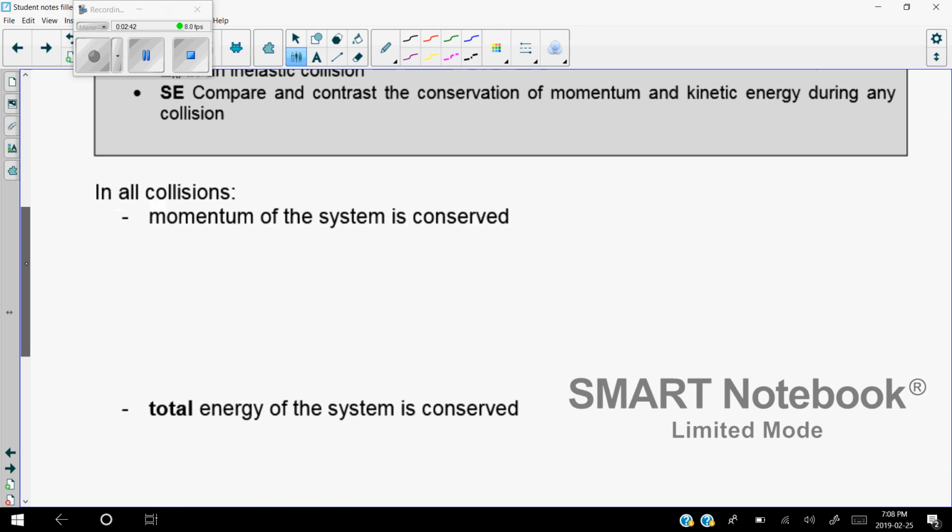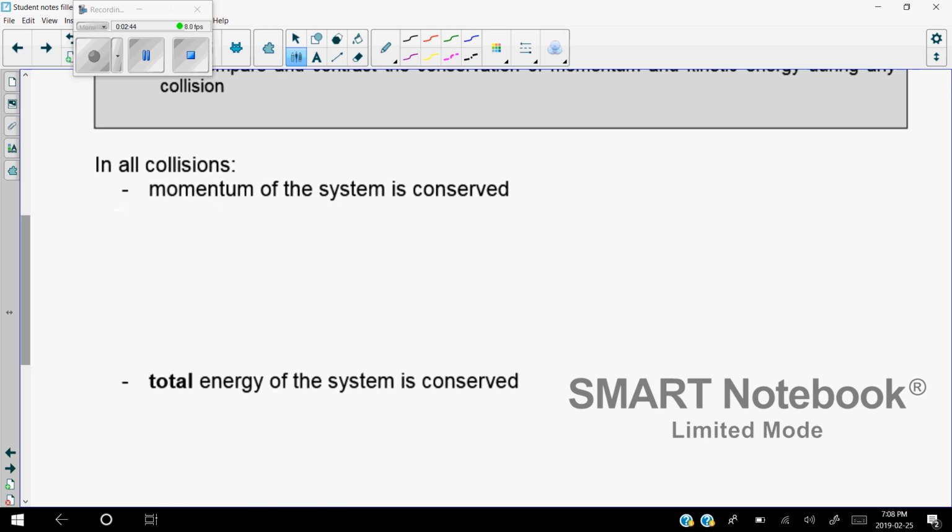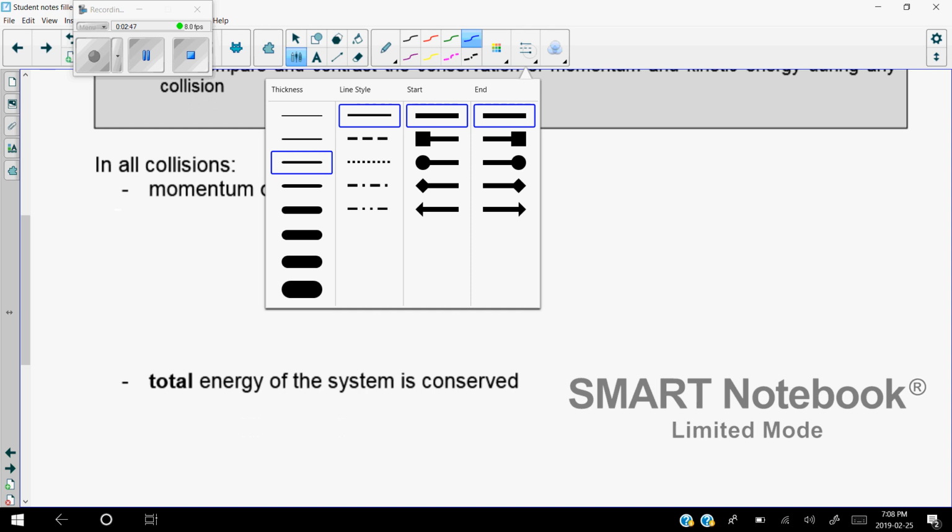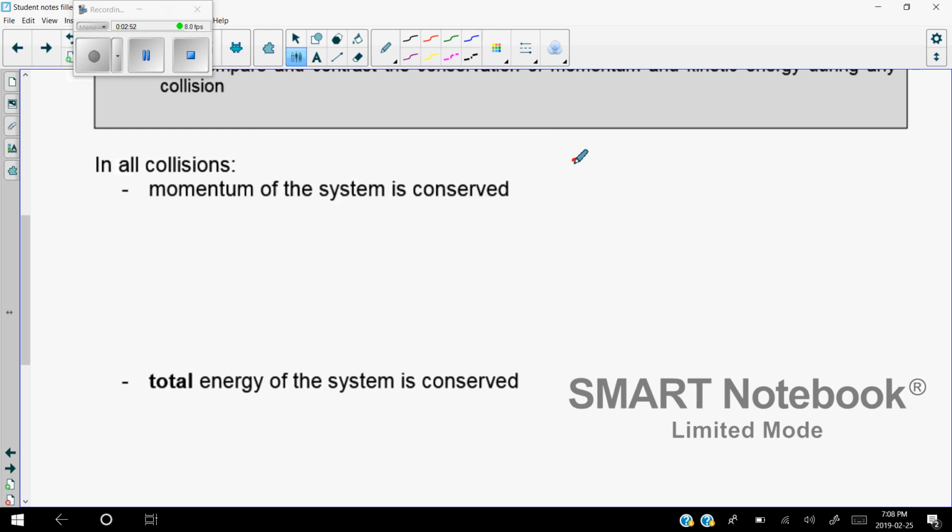So let's think back to what we have learned so far when it comes to the momentum of a system. The momentum of a system, when we're talking about isolated systems, all right, it's a little bit harder for me to write on my computer, so you'll have to bear with me.